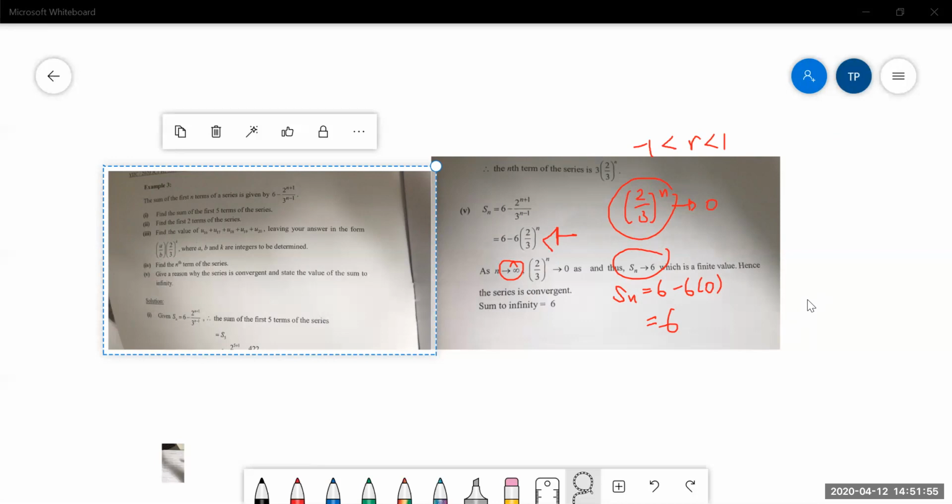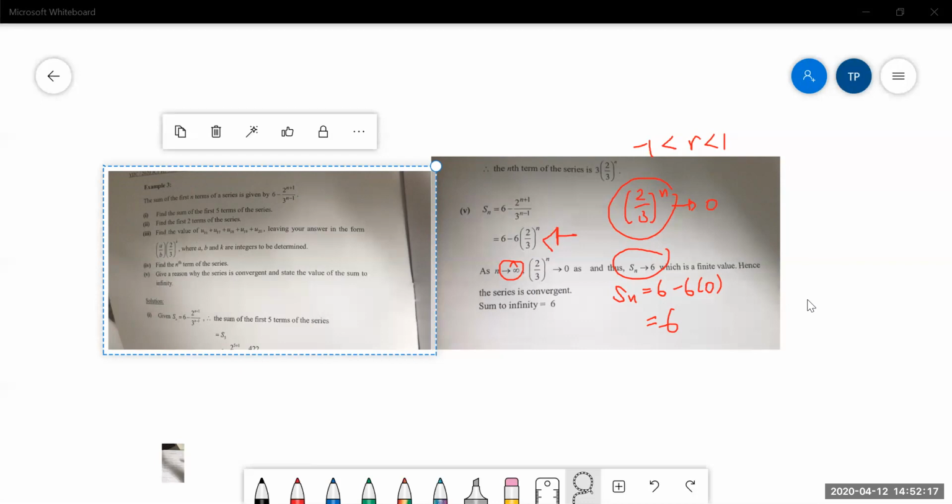As n tends towards infinity, there will always be some value that becomes 0. We know (2/3)^n becomes 0. So when (2/3)^n becomes 0, Sn will become 6, which is a finite value, and therefore the series is convergent because it tends towards it.